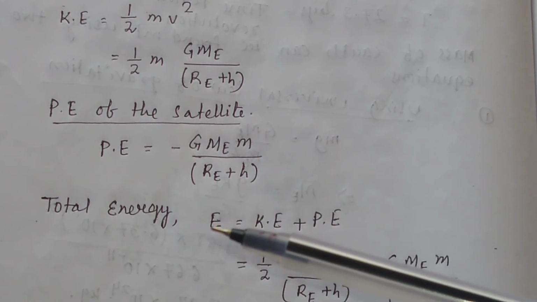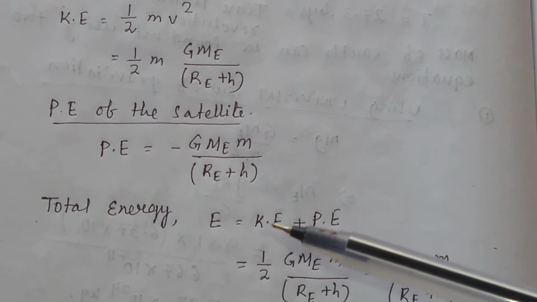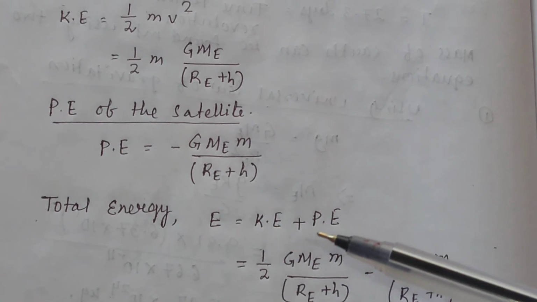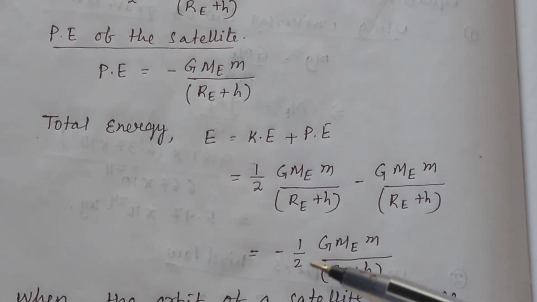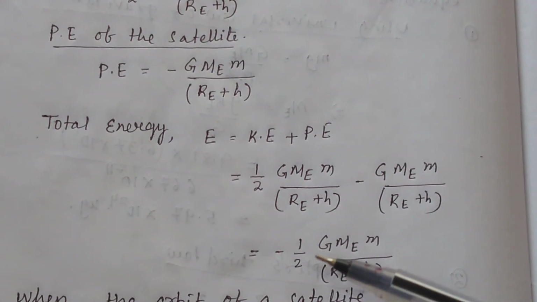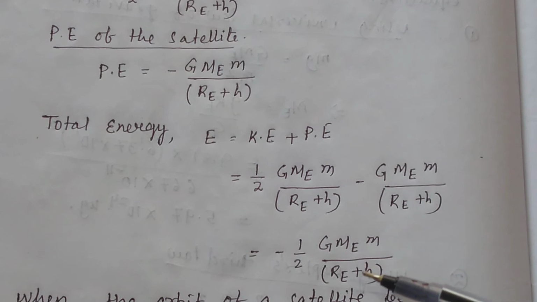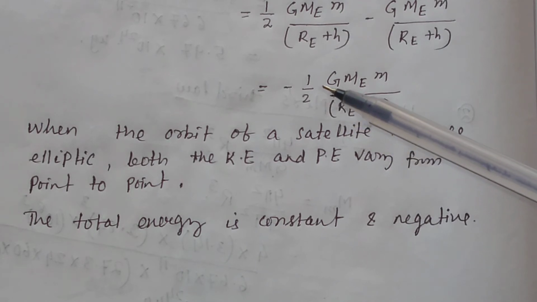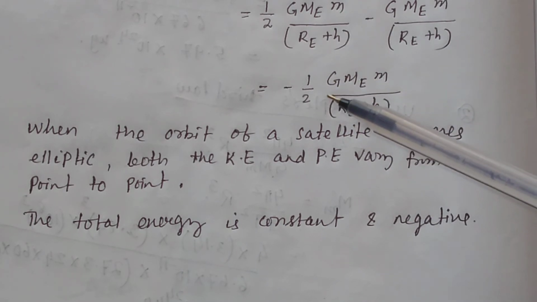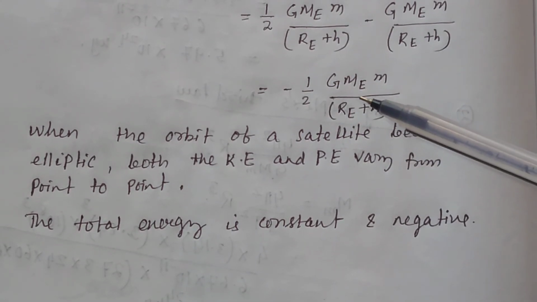So what will be the total energy? The total energy is the sum of kinetic energy plus potential energy. If you take the sum of the two, it will be equal to minus half G into ME into m divided by RE plus H. So here we see the total energy is negative. The total energy is constant and negative.